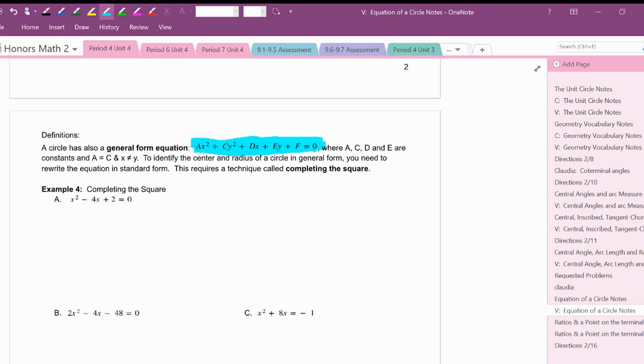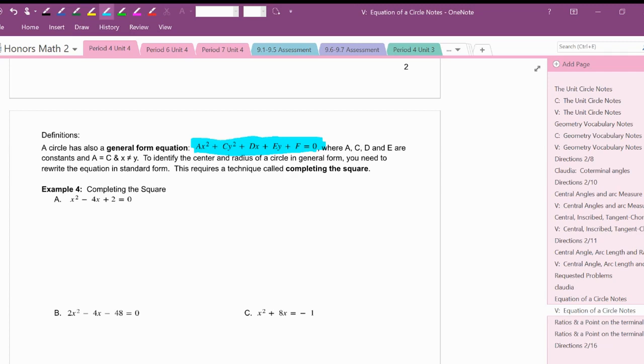Remember, we had 3 forms: the vertex form, and then our factored or intercept form, and then our standard form. And the one that was the easiest for us to just start graphing was the vertex form, because we got the vertex, we used the pattern, adjusted it if we needed to, and we could produce our graph. Just like that, this general form is not user-friendly like the standard form of the quadratic.